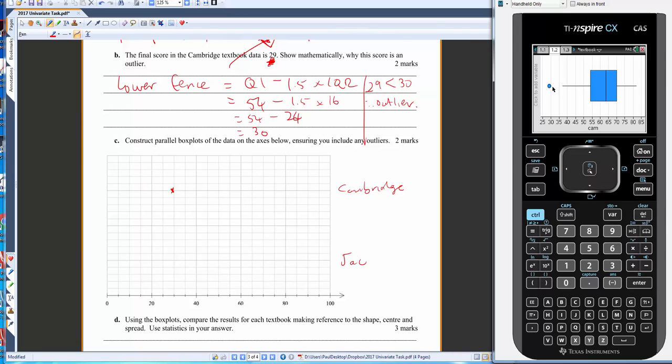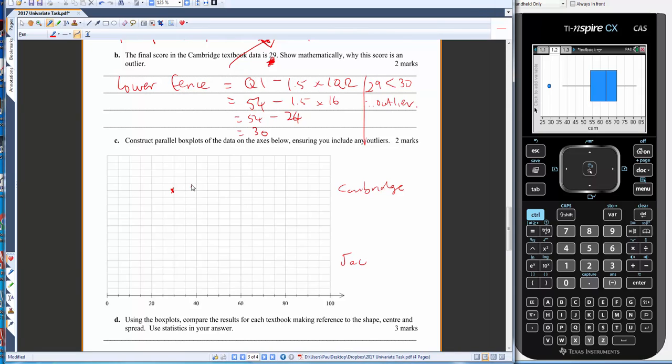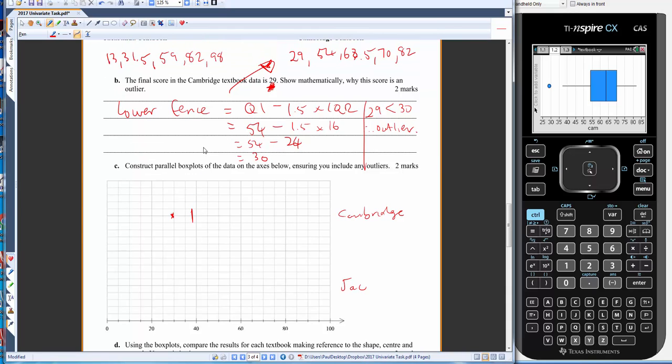Alright, so I've got 29, and the new min then will be 37. So again approximately there. I'll scroll back up again to get the rest of my 5-number summary. So there's the new min at 37. We're over here. The Q1 is at 54, so there's 50 there.